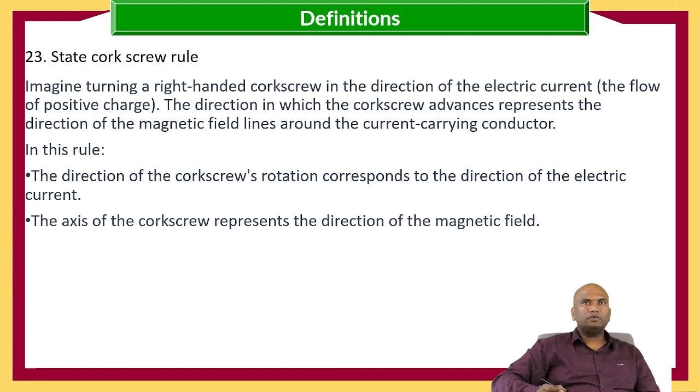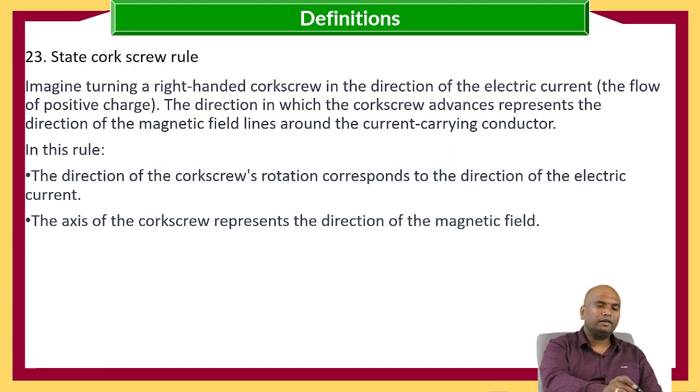State the corkscrew rule. Here, imagine turning a right-handed corkscrew in the direction of electric current. The direction in which the corkscrew advances represents the direction of the magnetic field lines around the current carrying conductor.